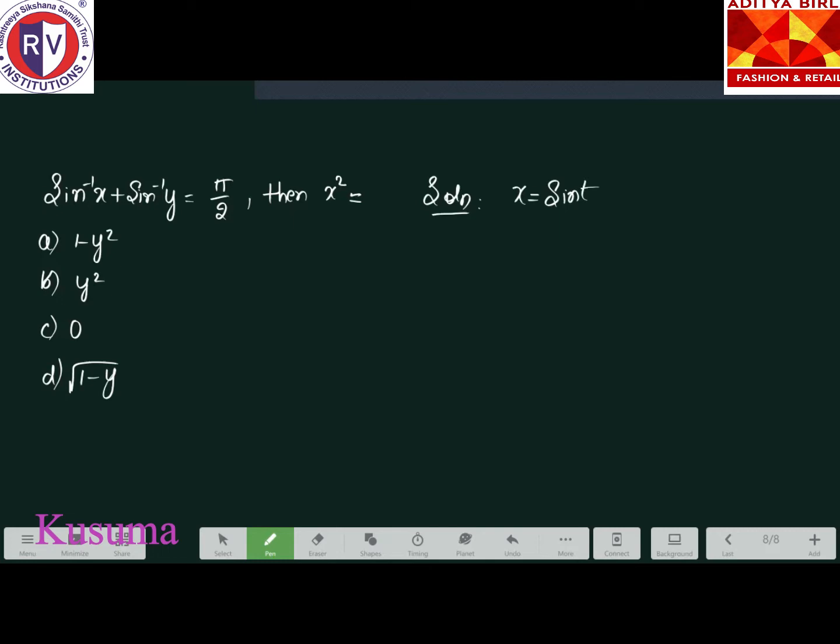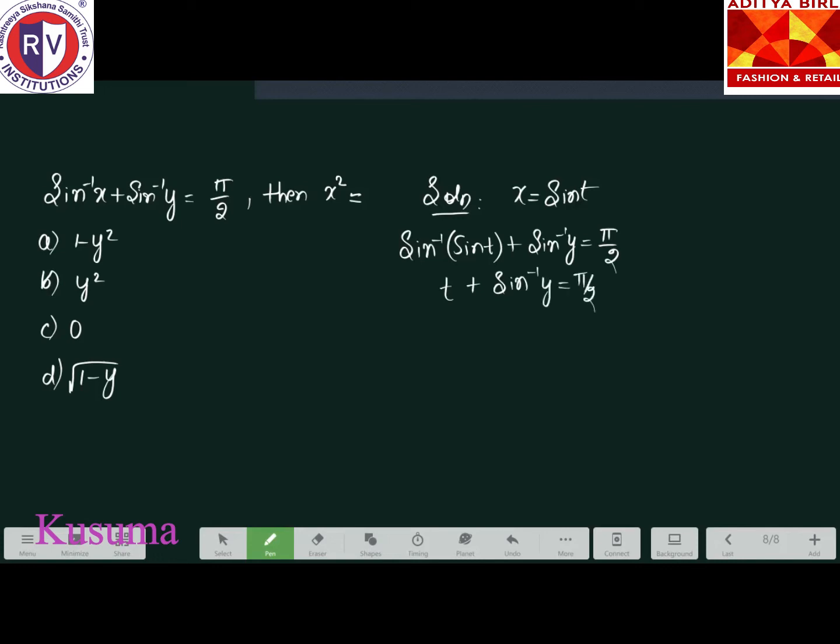So what happens to the given equation? It will be sine inverse of sine t plus sine inverse y is equal to pi by 2. So we know sine inverse of sine t is equal to t, plus sine inverse y is equal to pi by 2.